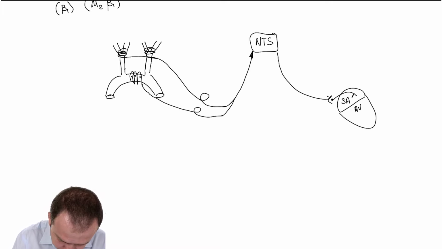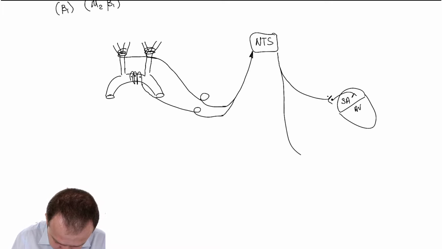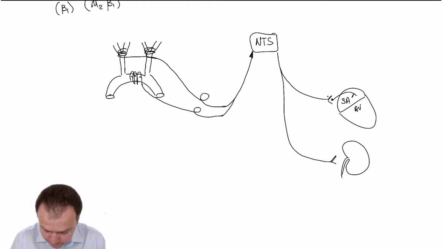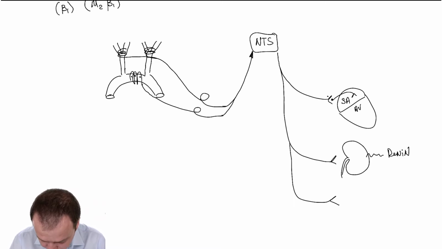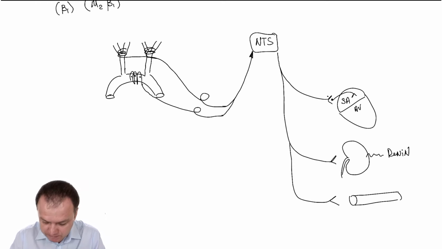These fibers go into the kidney, and kidney is responsible for renin releasing, and fibers go into the vessels, maintain vessel tone.